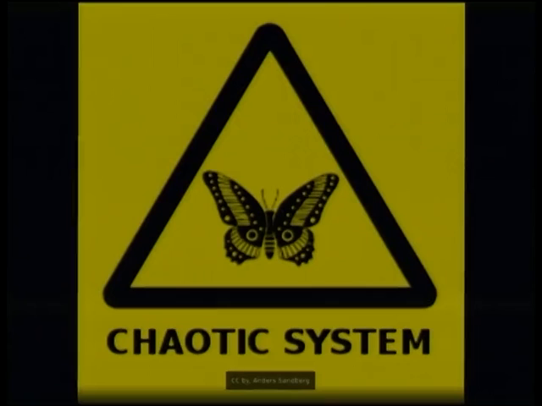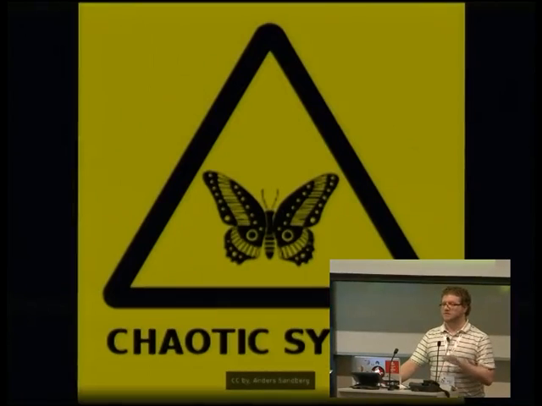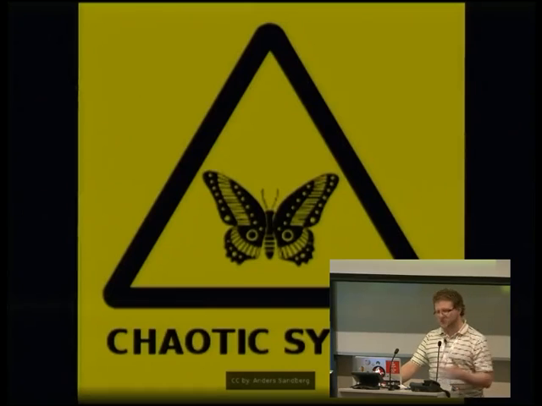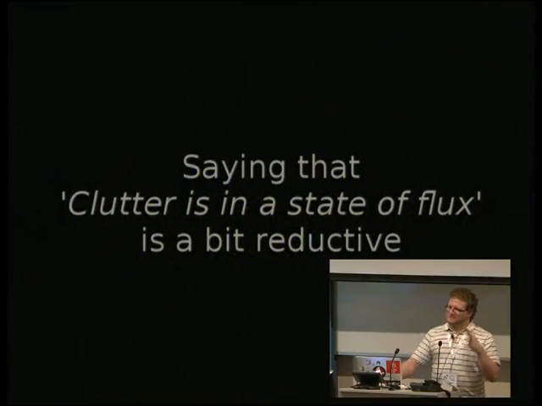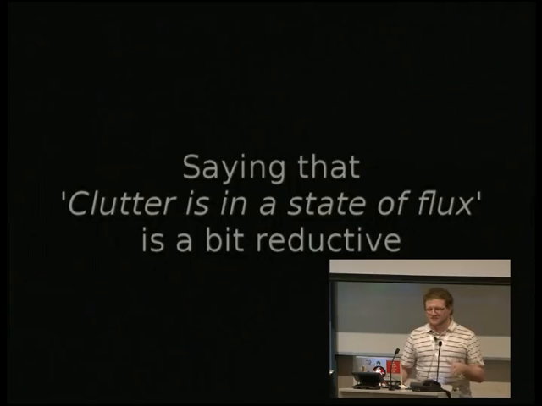So after that, you could say that Clutter right now is in a bit of a flux. We've been changing a lot of stuff in the past 6-12 months. And saying that it's in kind of this state is kind of reductive, because we really want to do much more in the future.